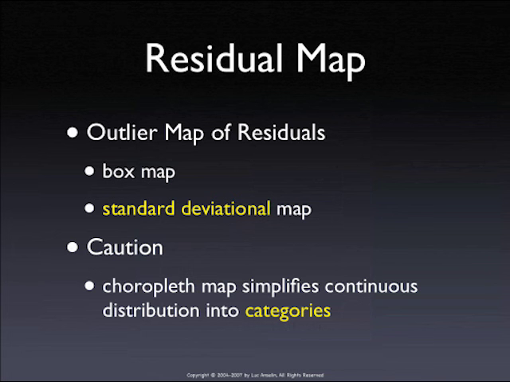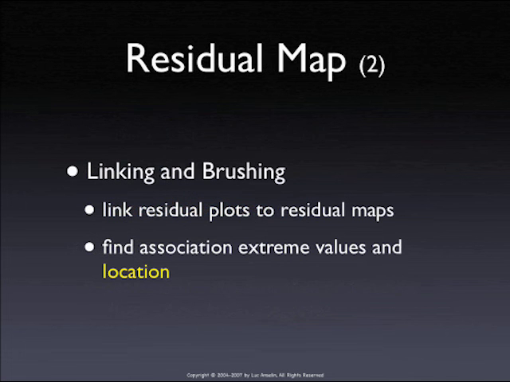In other words, is there systematic over-prediction in particular regions of our data, or systematic under-prediction, which suggests that there is something going on that we are missing that has a systematic spatial structure? We have to be careful with this because, as we know, these choropleth maps are basically like histograms, so they simplify the continuous distribution into categories.